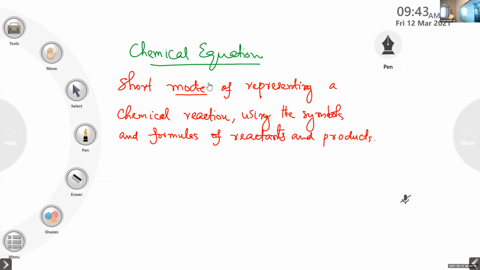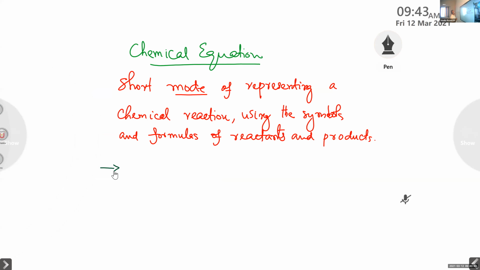In a balanced chemical equation, the number of atoms of the reactants and the products are equal. So we have to equate the number of atoms on both sides, the left side and the right side, the reactants and products.